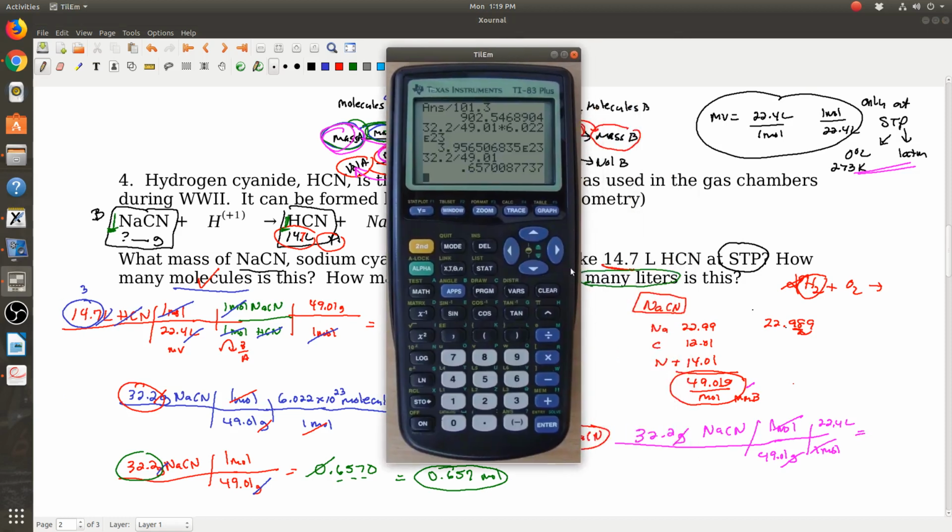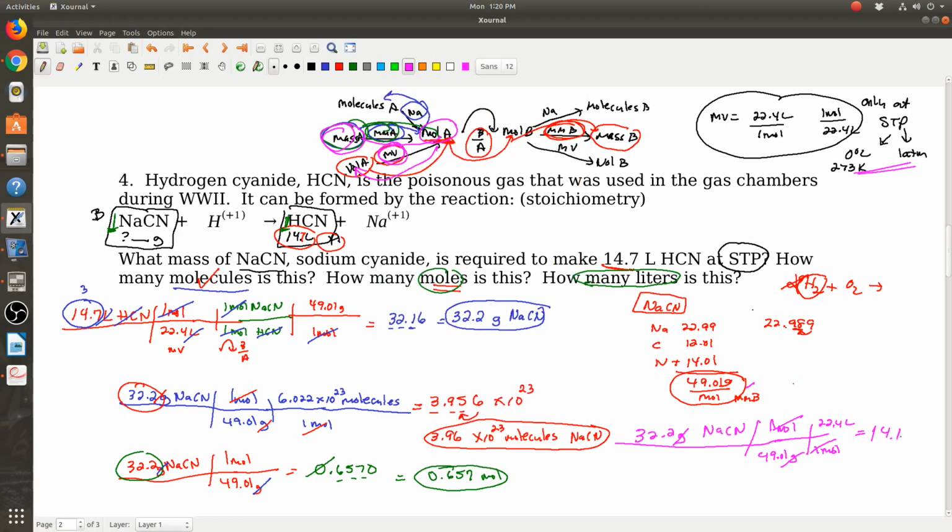Oops, missed it over. There we go. 32.2 divided by 49.01 times 22.4, and I get 14.16 really. And then if I look at this 3 sig fig, so 14.2 liters. Is that the right answer?